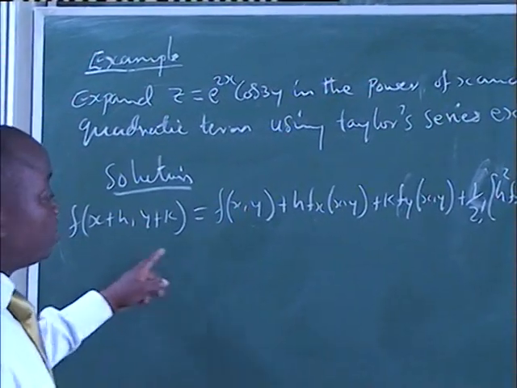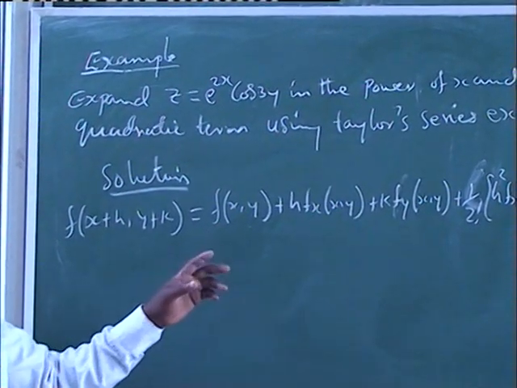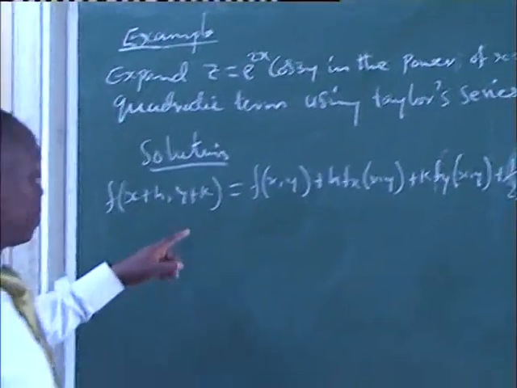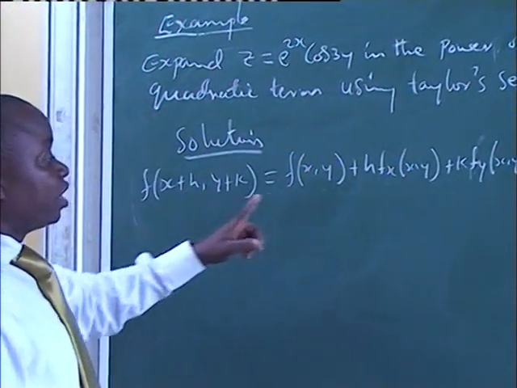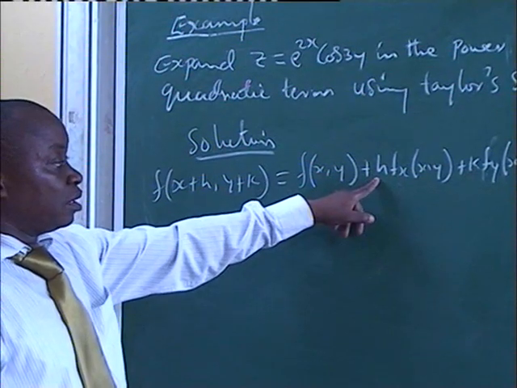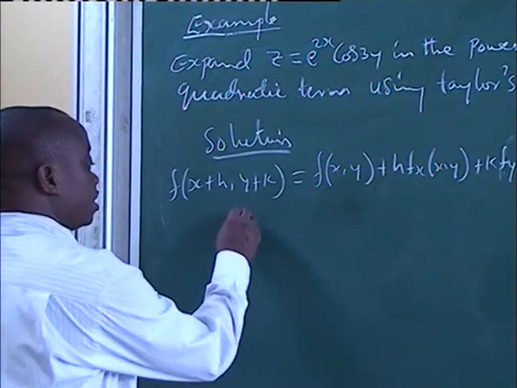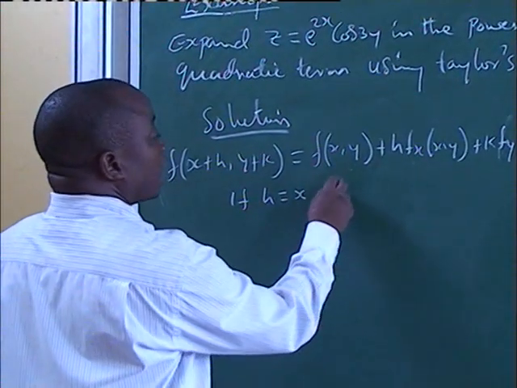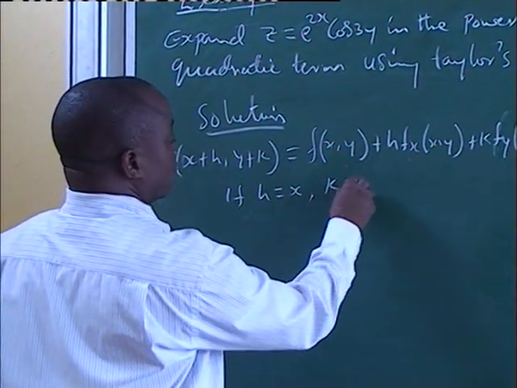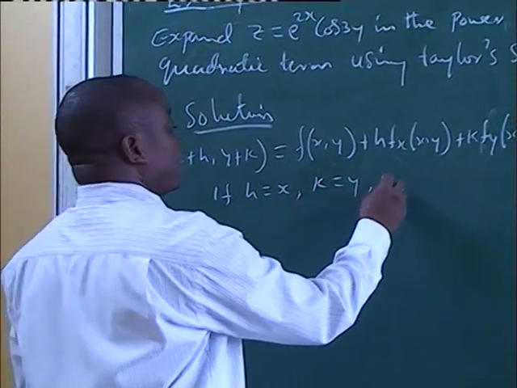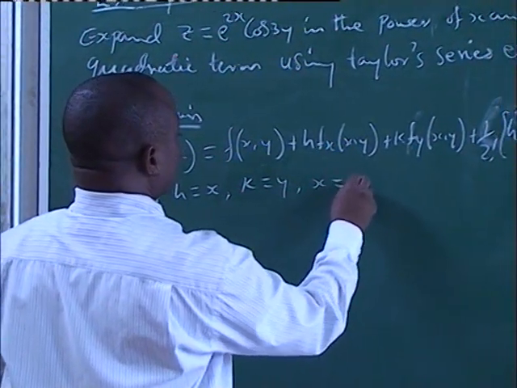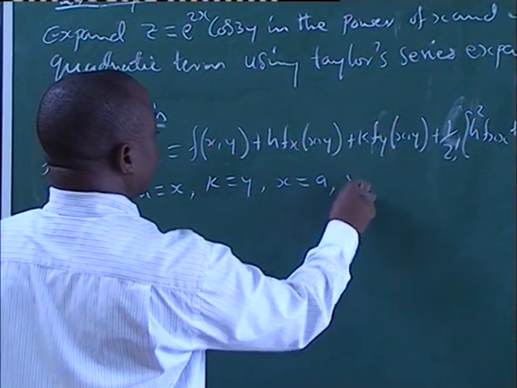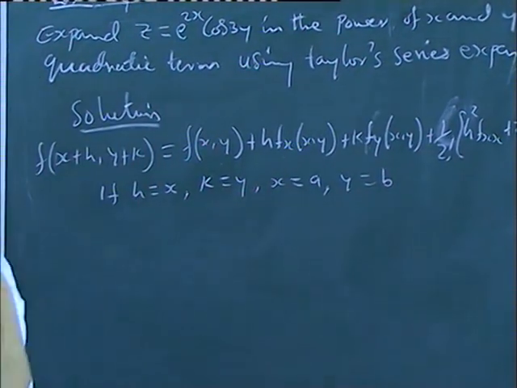Okay. Now note that in this expansion, if h becomes x and k becomes y, we also have that x is equal to a and y is equal to b.